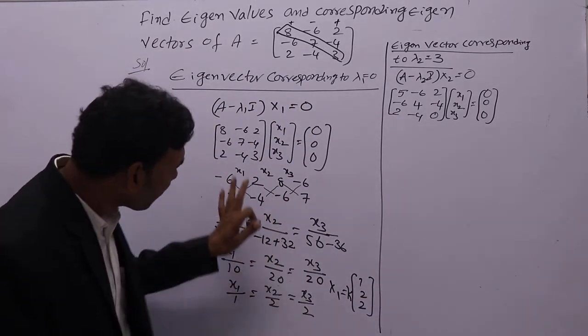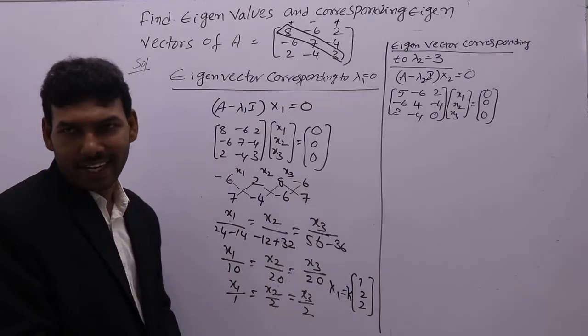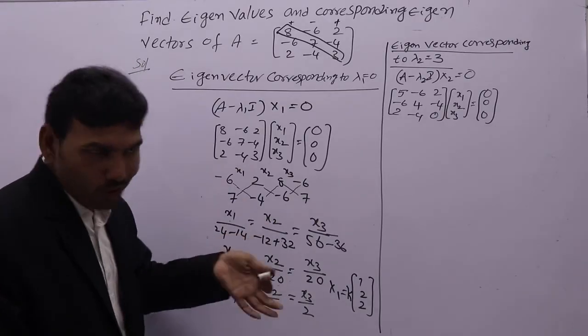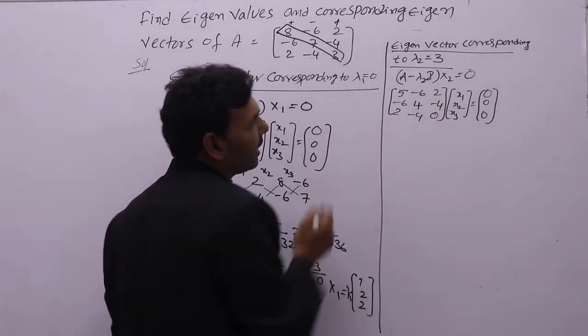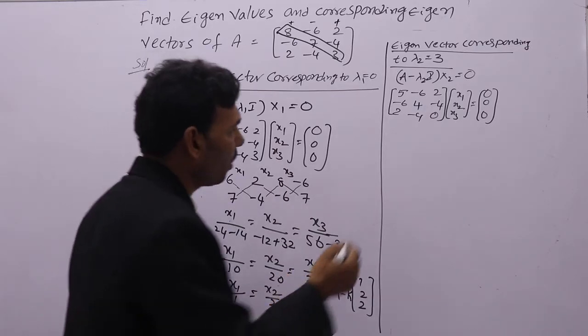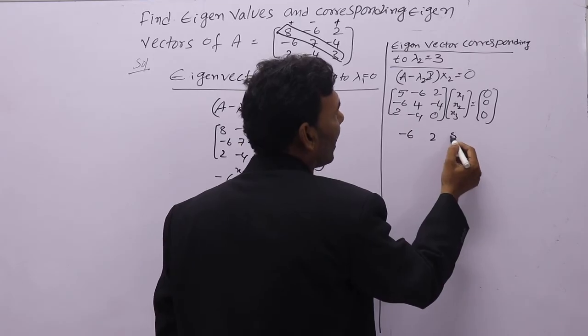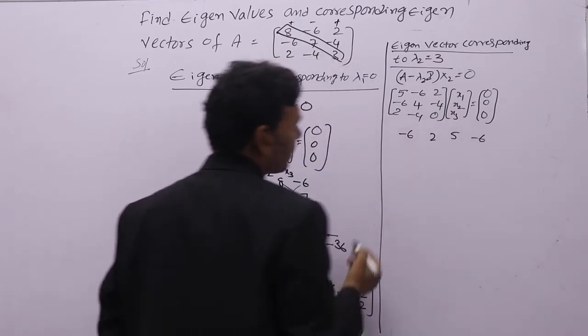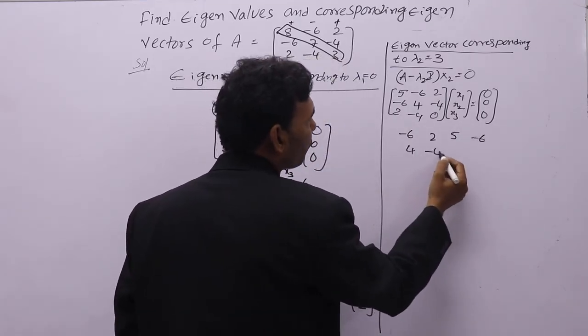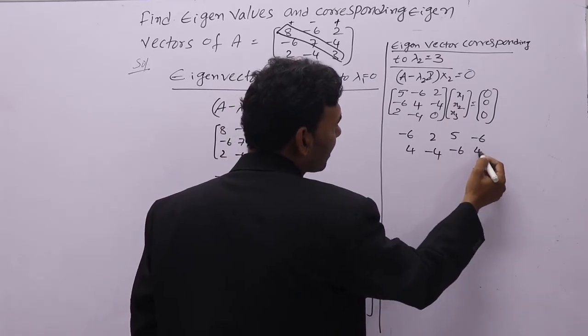Same procedure as how I evaluated the first eigenvector. From the second element onwards, from any two rows you need to note down: minus 6, 2, 5, minus 6; 4, minus 4, minus 6, 4.